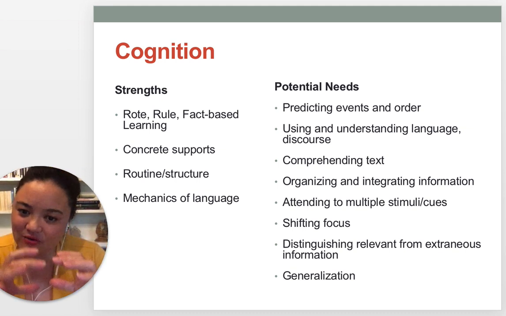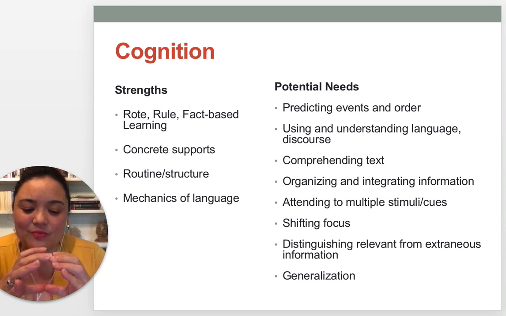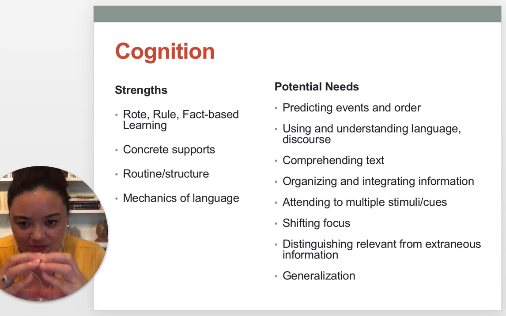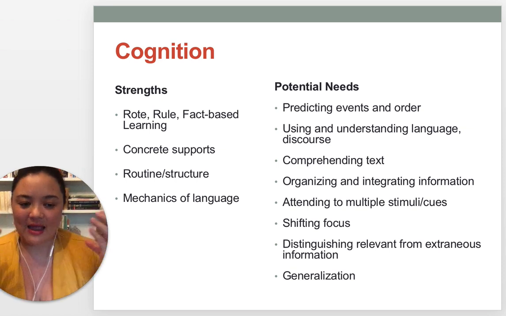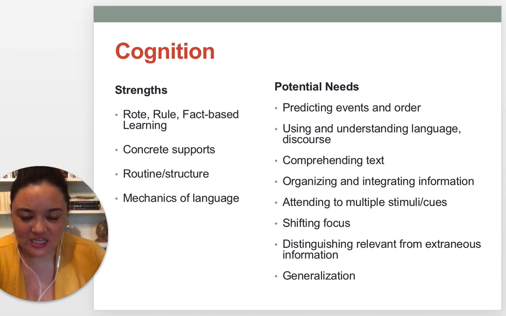So they're really great at focusing on the details, and looking really closely at a narrow image. Where they're having difficulty is zooming out and seeing the bigger picture. So a potential need might be supporting individuals in being able to predict events and order.